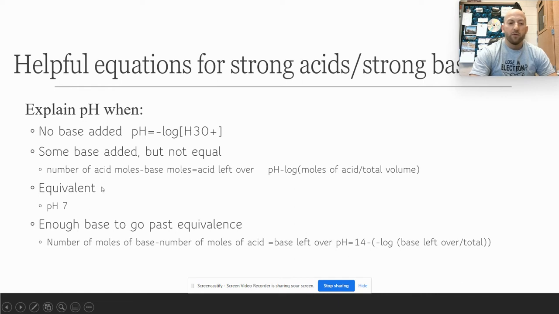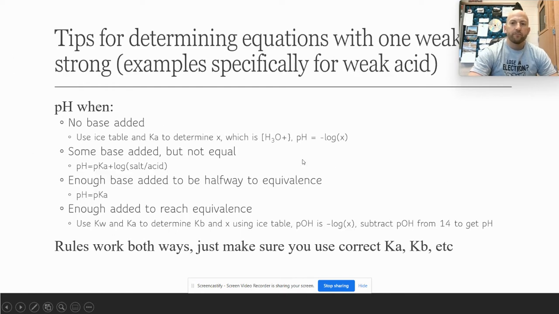If you get to an equivalence point, then you're at pH 7. And if you have enough base, so let's say we have a weak acid, acetic acid, vinegar, and you add something like a strong base of sodium hydroxide, now you're going to have enough base to go past the equivalence point, and then we're going to use our pH = 14 minus the pOH to get the base that's left over.